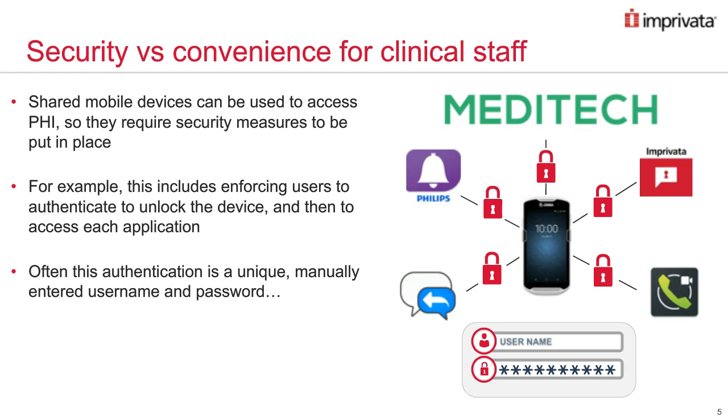So the mobile devices can be used to access this PHI, so they require security measures to be put in place, something like requiring users to unlock the device, and then there should be different security layers for each application. Different complexities are often required for different types of applications, whether they're managed through your Active Directory or not.